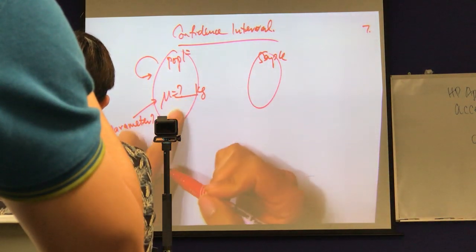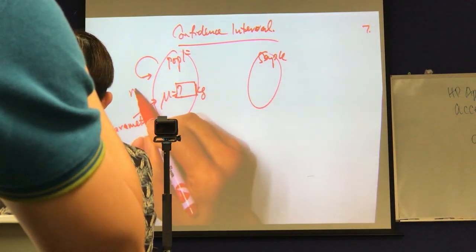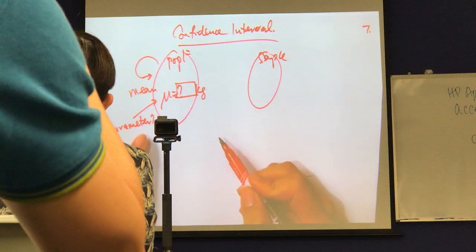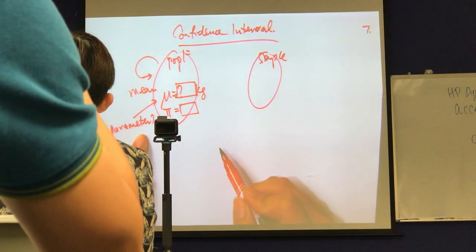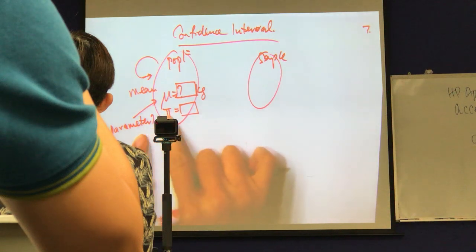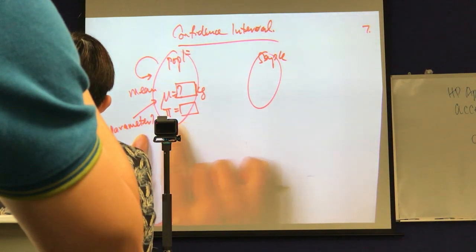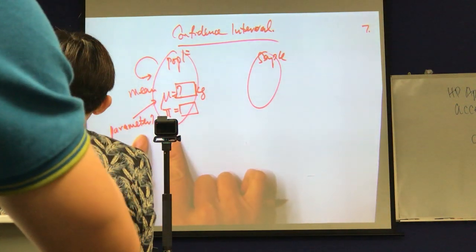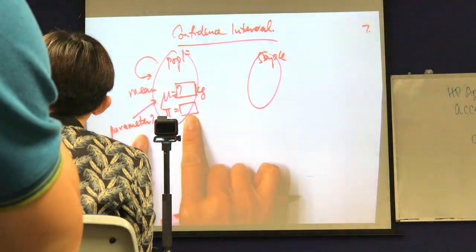There are two types of parameters. One is the actual number, which we call the population mean. The other one is the proportion. We want to find out what proportion of the population has a certain feature. For example, out of the whole Kaplan here, what proportion of people wear glasses?